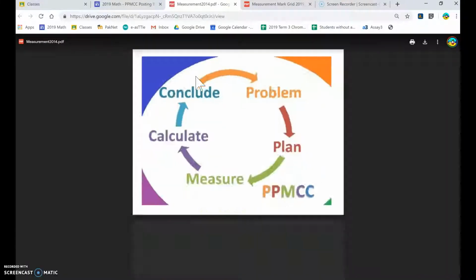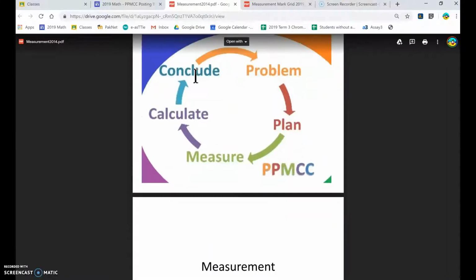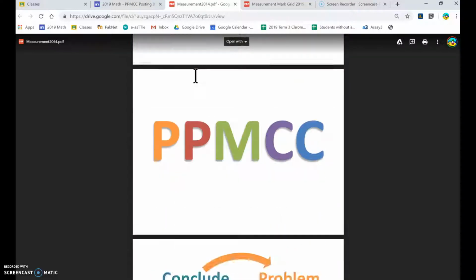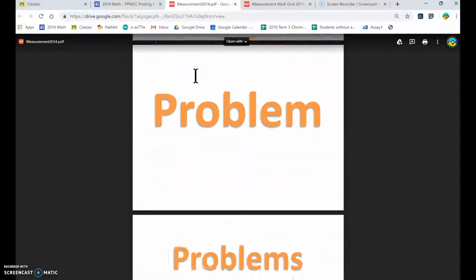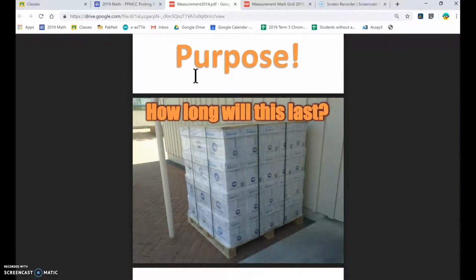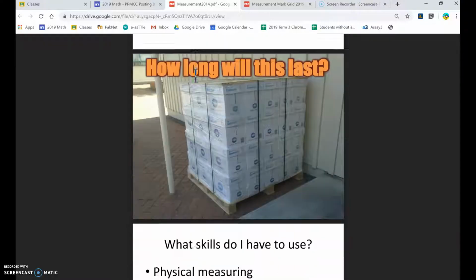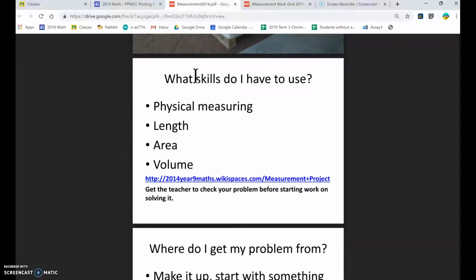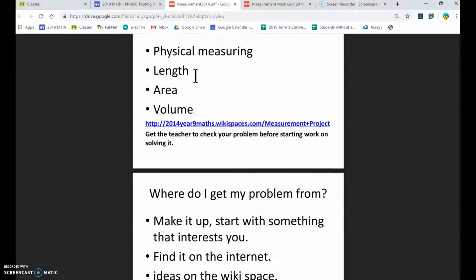So if we click on here, we can see, this was back in 2014, another sort of problem, and that was how long will this last, the school? And there was a lot of estimation with that. Wikispaces does not exist anymore, so that doesn't come into it.